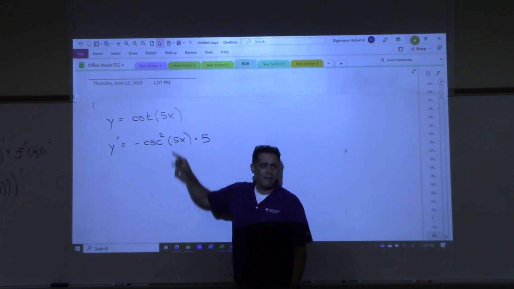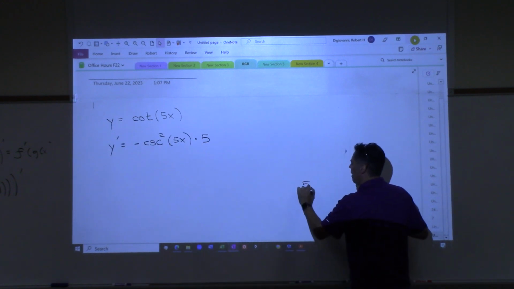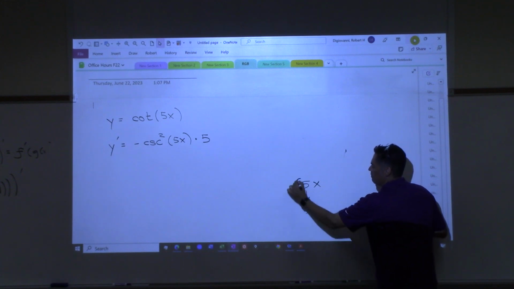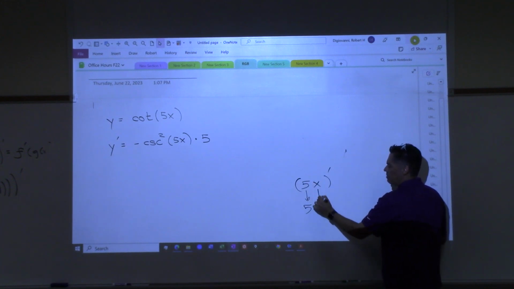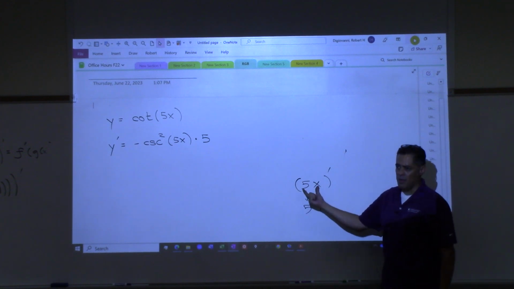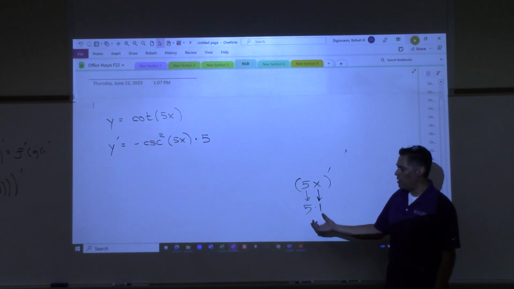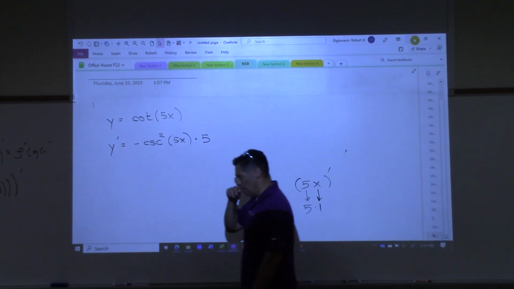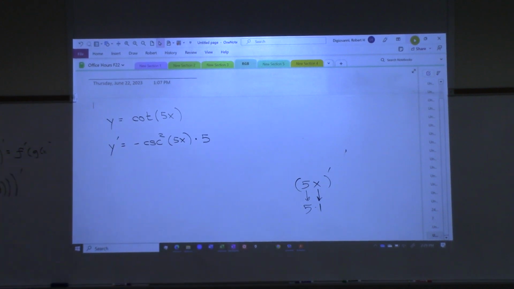The derivative of 5x. How do you take the derivative of 5x? Well, you just bring the 5 down, and then what's the derivative of x? 1, right? Don't do product rule on this. Some people will do product rule on that. If you do it, it will work, but it's a waste of time. Constants always come for the ride.